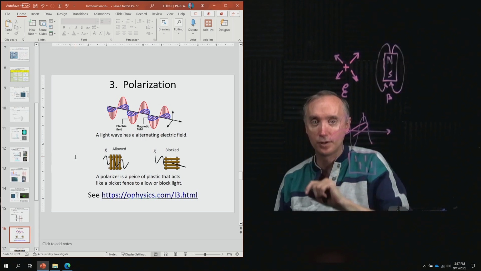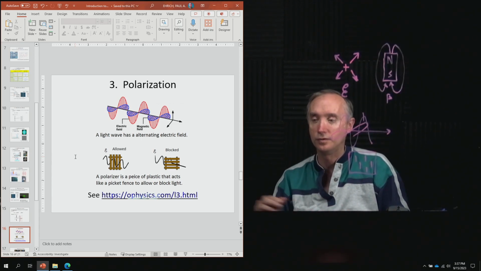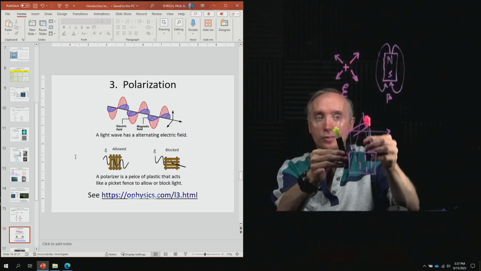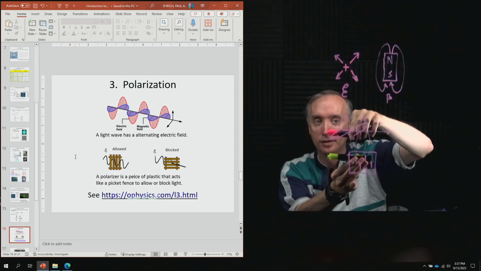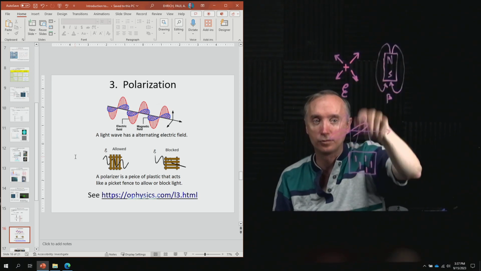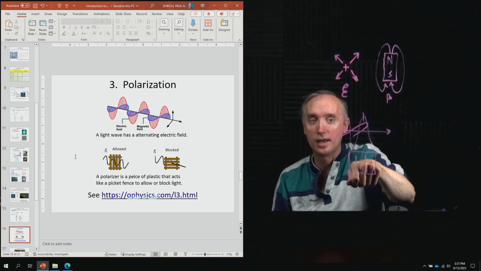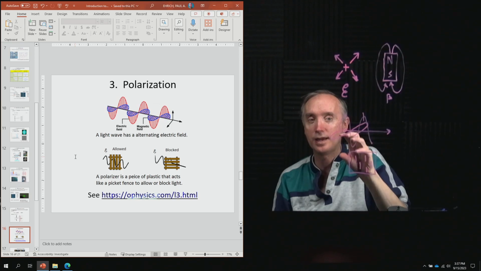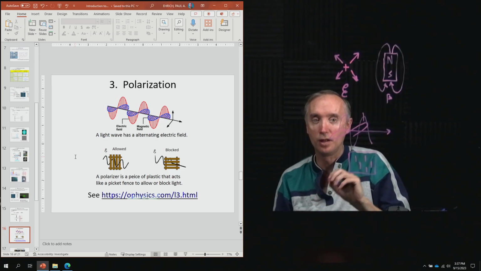But look at the second picture. In the second picture, we've taken our slits and turned them sideways like this, and we still try to make that rope go up and down, and you'll notice that it can't do it. So it's blocking it in that particular direction.